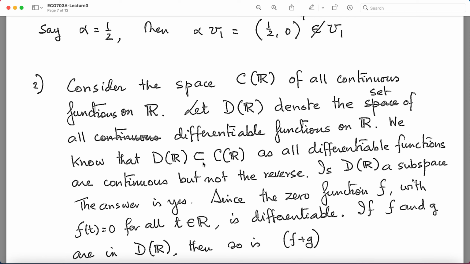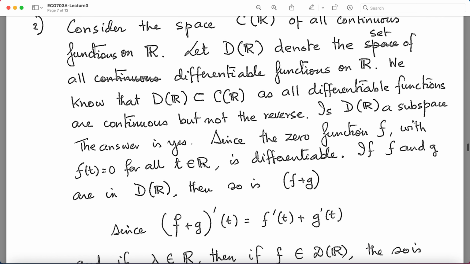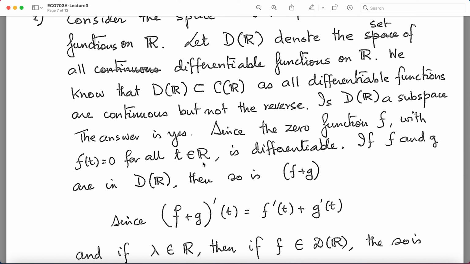So is D(R) a subspace then? The answer is yes, because the 0 function, which is f(t) equal to 0 for all t, is differentiable. And if f and g both are differentiable, then is f plus g also differentiable?